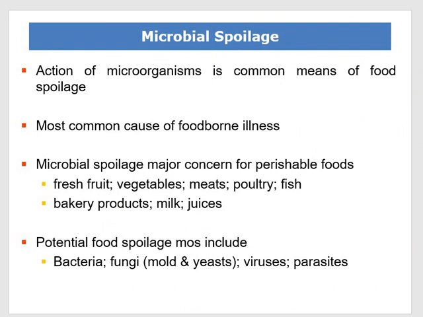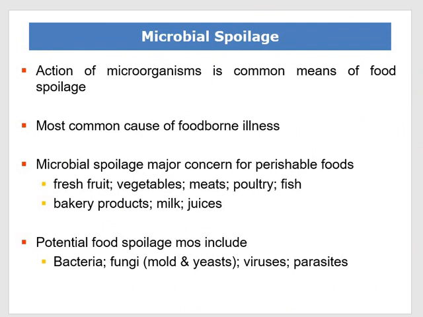In terms of microbial spoilage, most common microorganisms cause food-borne illnesses, whereby you eat the product and you might have a bit of vomiting, diarrhea, and in other cases, people can even die because of food-borne illnesses.